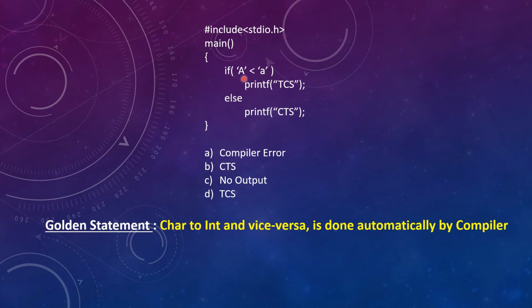So here the compiler will see this capital A and this small a as their corresponding ASCII codes. What are the ASCII codes of capital A and small a? If we know them, we can compare which is smaller or greater, and then accordingly print the output. So let us see the ASCII code of both of them.